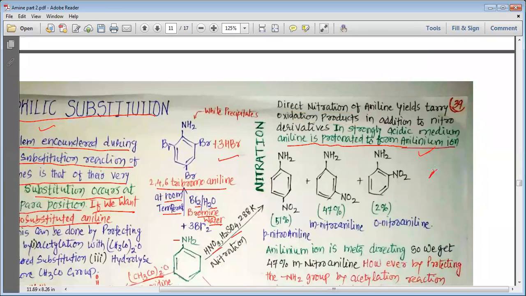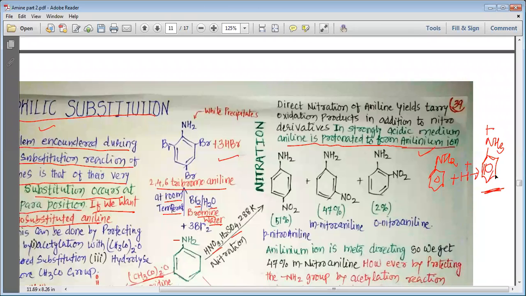So my dear students, this aniline, which is benzene with NH2, when it reacts with H plus, it produces the anilinium ion, that is NH3 plus. This is how it really works: when aniline reacts with H plus, it gives us the anilinium ion.